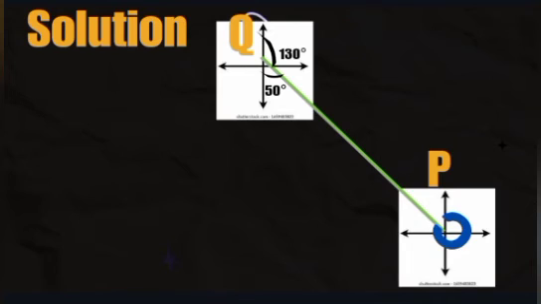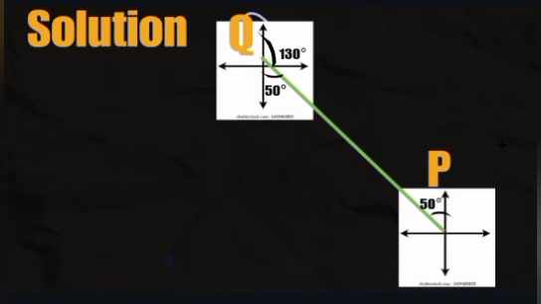And if this point on point Q is 50 degrees, then coming down to point P, you will also expect this side to be 50 degrees because they are alternate angles and alternate angles are equal.